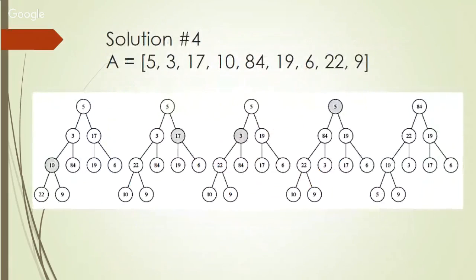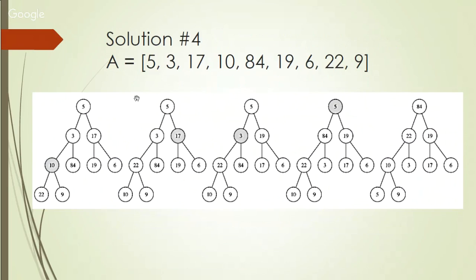So let's see how this looks. Let me plug in our array. We can count the number of items in the array: 1, 2, 3, 4, 5, 6, 7, 8, 9.